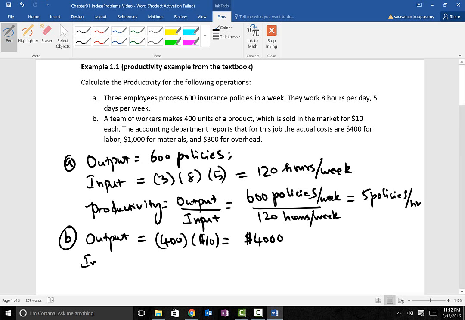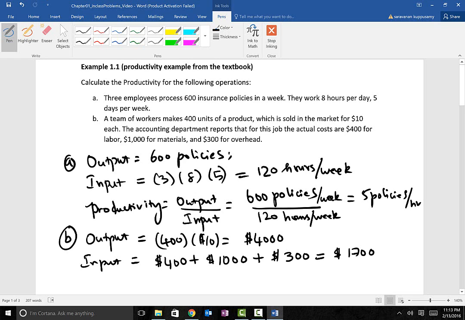Let's take a look at what is input. We have 3 factors. One is the money spent in labor, which is $400, and then money spent in materials, which is $1,000, and overhead cost of $300, which put together you have a total of 1,700.